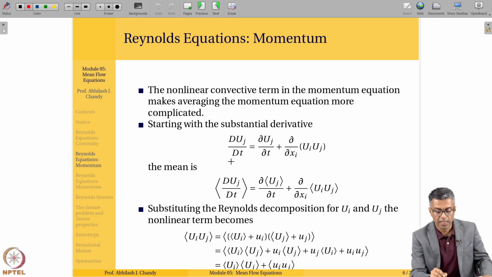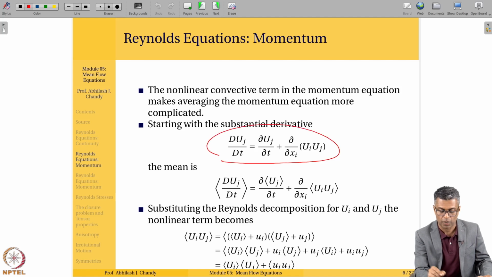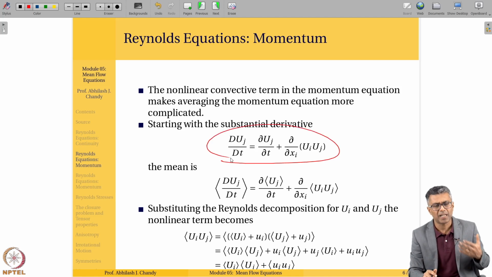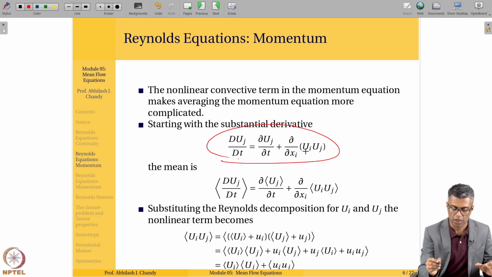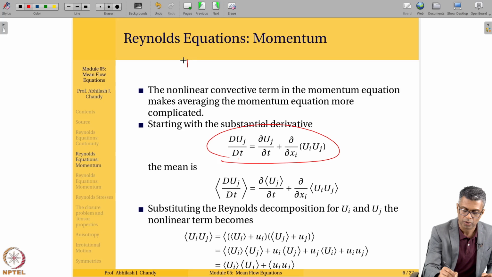So my substantial derivative definition is this one. And since I'm dealing with uj, I'm writing the substantial derivative in terms of uj. So duj dt on the left hand side is del uj del t plus del xi of ui uj, isn't it? That's the definition. Now, when we earlier wrote the substantial derivative, we always wrote this as d dt.